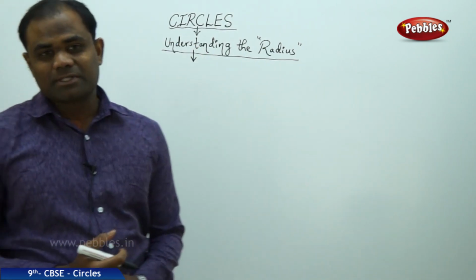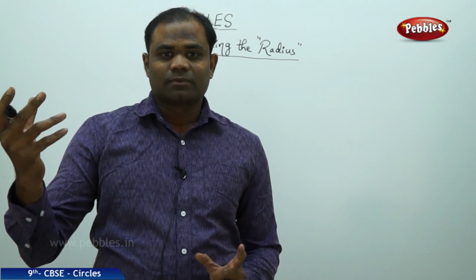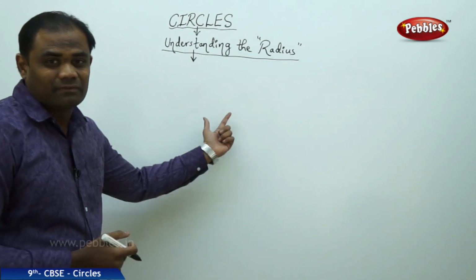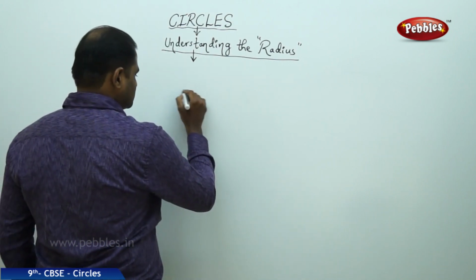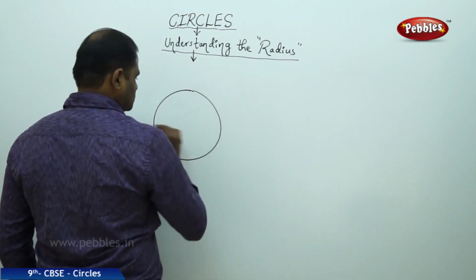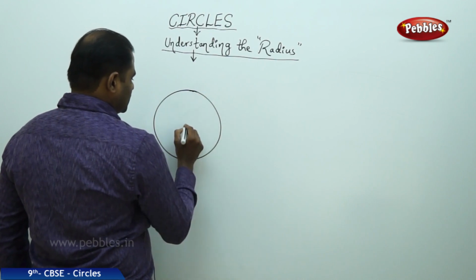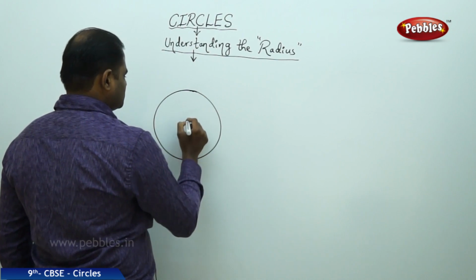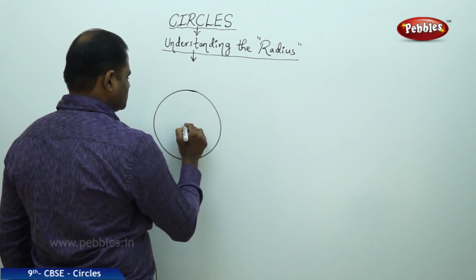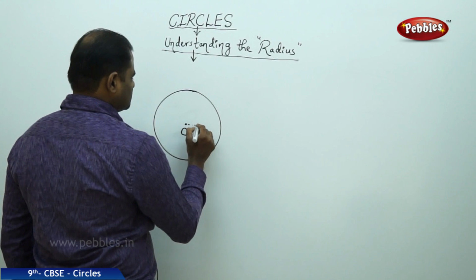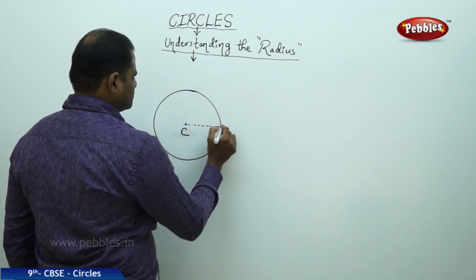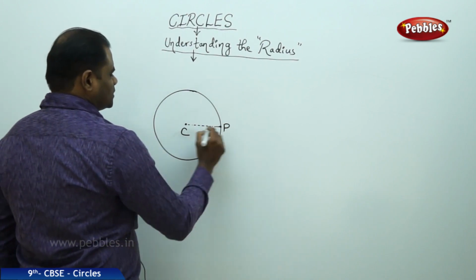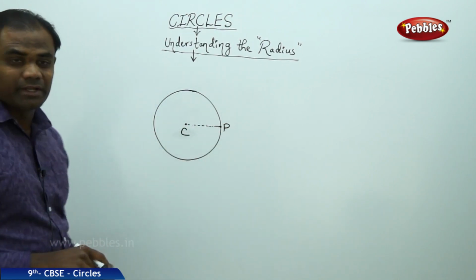So radius, as we see, is the fixed distance from the center to any point on the circle. That is, when I take a circle and when I take the center, this distance is called radius.